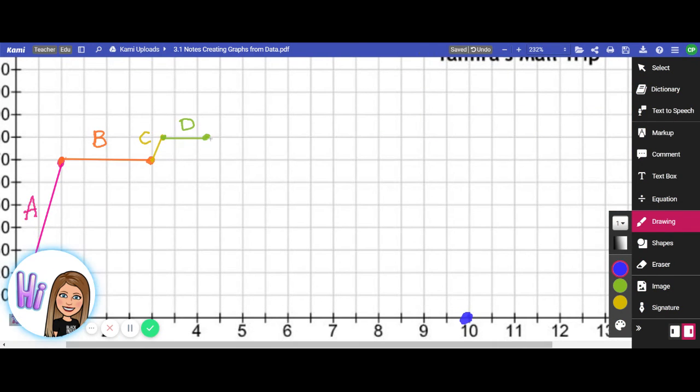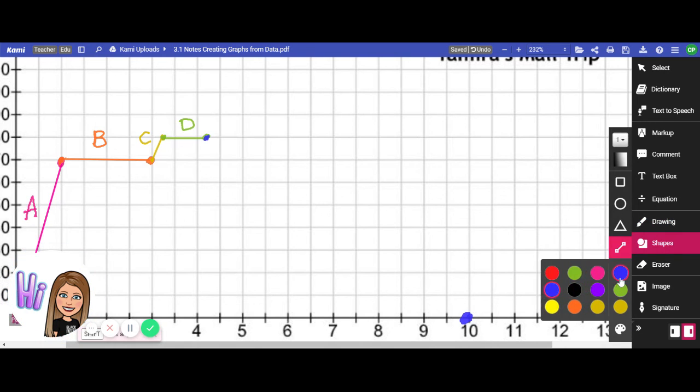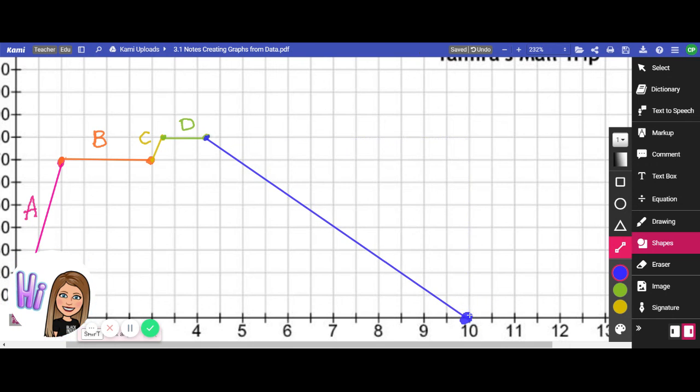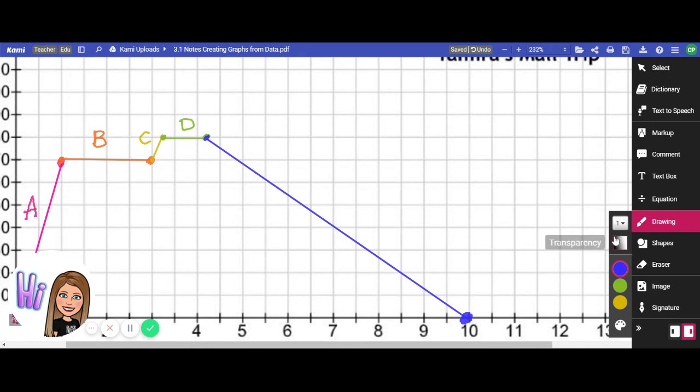And we did start back here at where we left off. So from here, we're going to take a constant speed. So it's just going to be a steady line going in the direction of here to here. And drawing, this represents segment E.